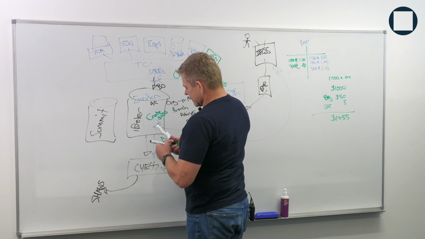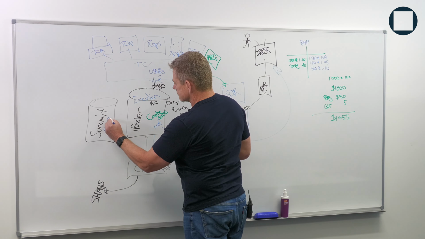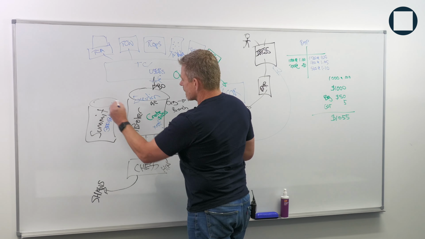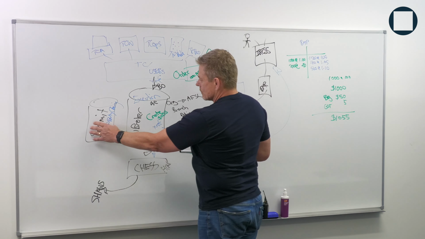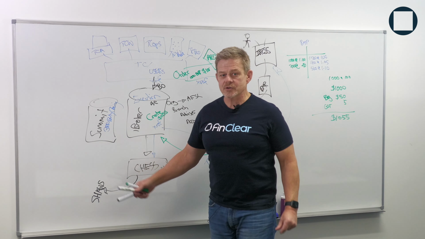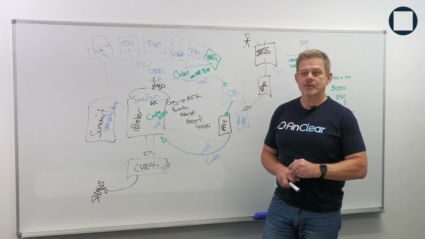On the Summit side of things, this is where we do all our third-party clearing business. And this is where we just really run the back office for brokers like Shaw's, Canaccord, Wilson's, Ord Minnett.